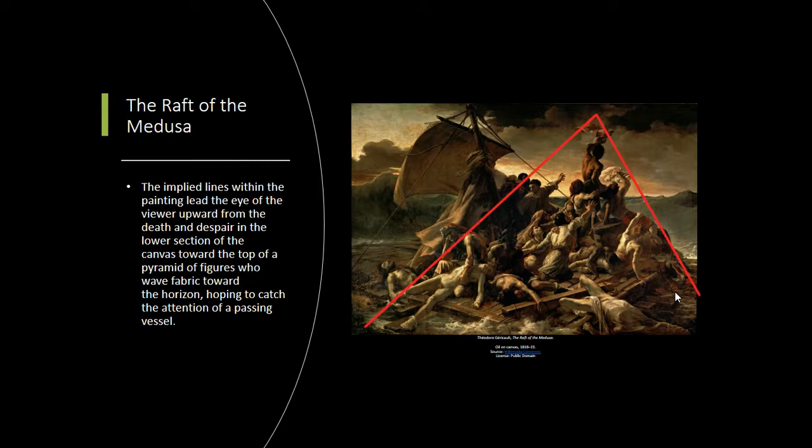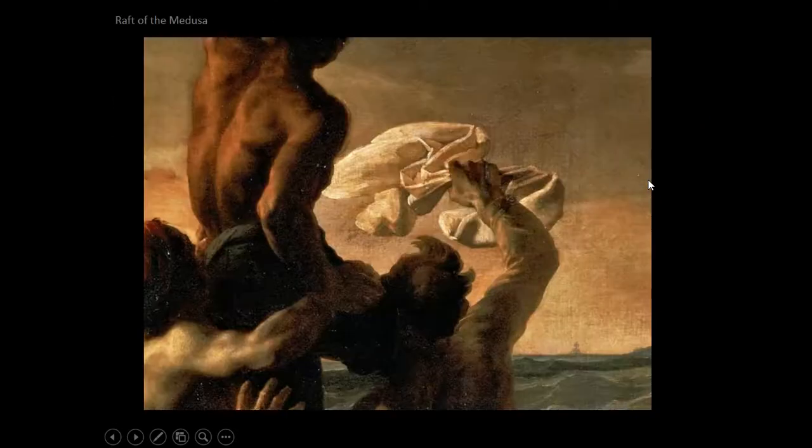Now, the implied lines within the painting lead the eye of the viewer upward from the death and despair in the lower section of the canvas. And you can see some of the bodies are deceased. The implied lines lead toward the top of a pyramid of figures who wave fabric toward the horizon, hoping to catch the attention of a passing vessel, trying to catch the attention of somebody to help them.